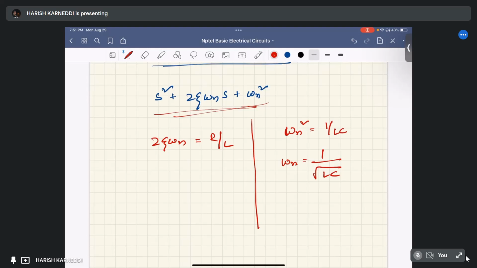So we can substitute this here: 2 zeta omega n equal to R by L, with omega n equal to 1 by root LC.